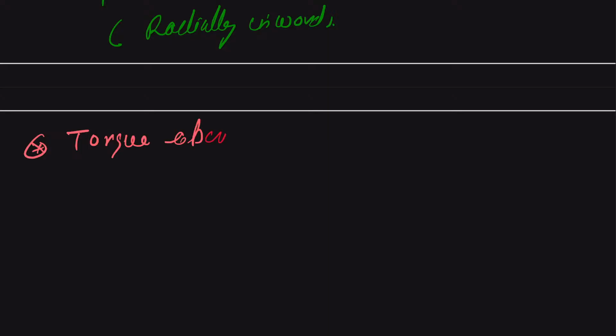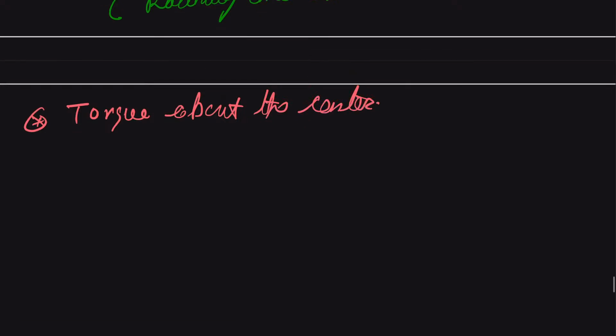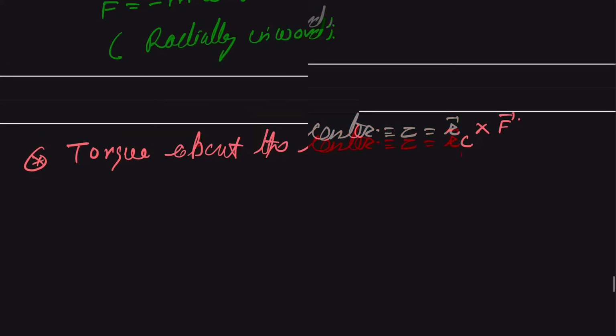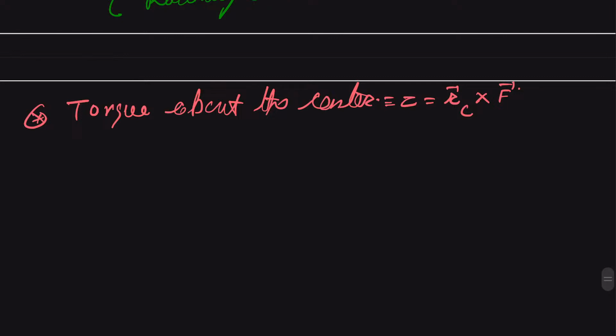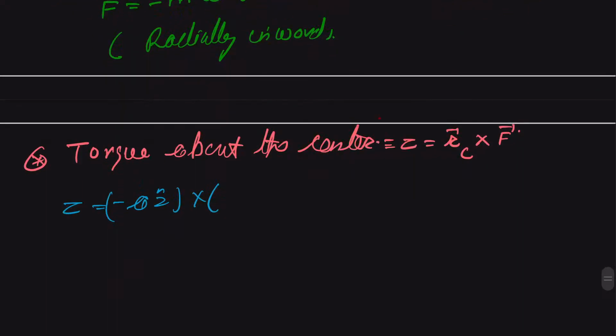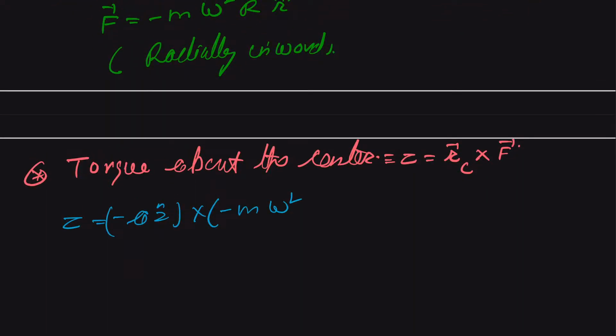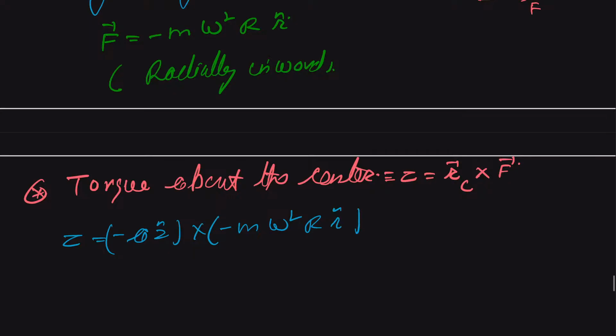Torque about the center, and let us call this tau, and this tau will be equal to our RC cross our frictional force F. RC, we already know, is in our downward direction, and A, so tau is equal to minus A Z unit vector cross F, and F we just calculated is our minus m omega square r, with our r unit vector.